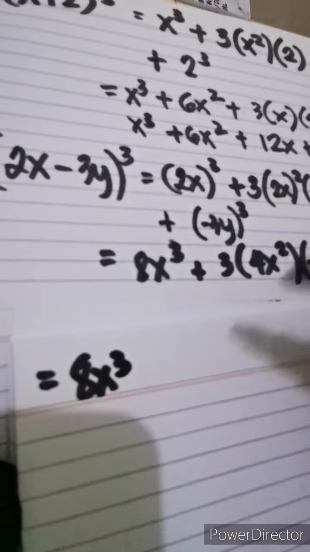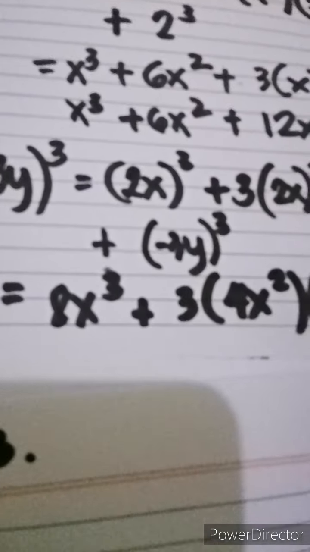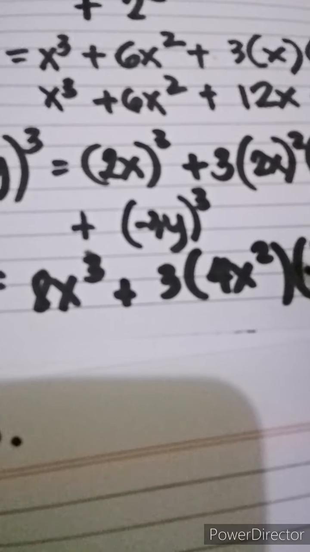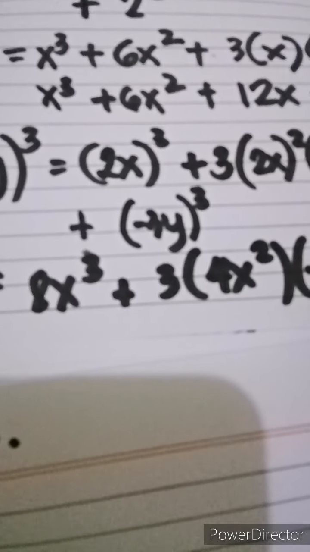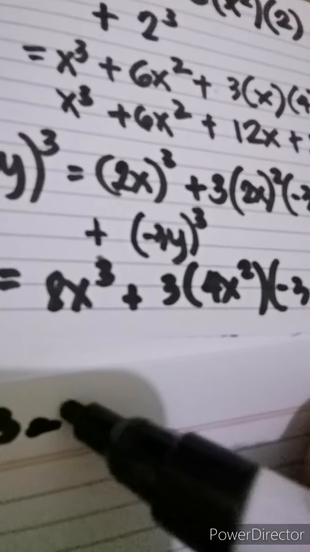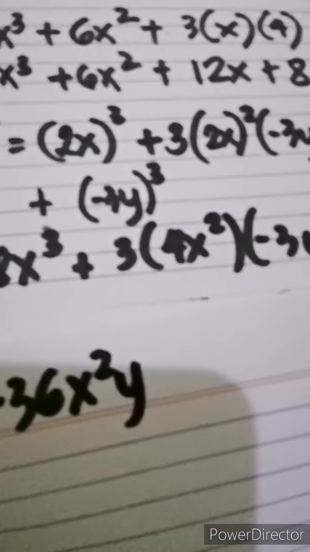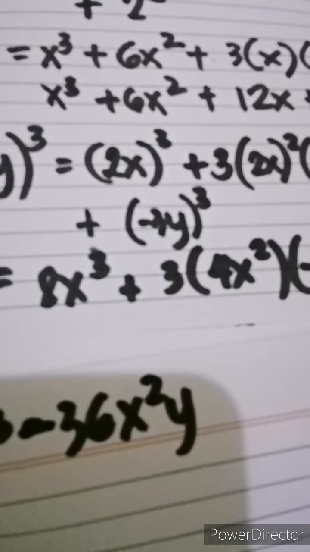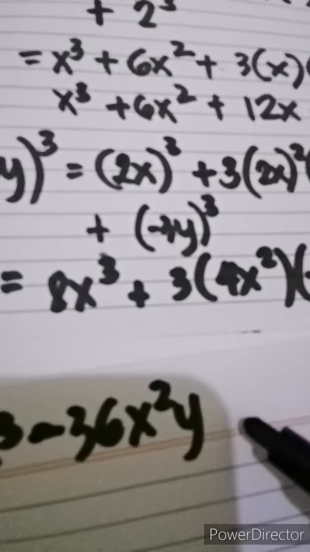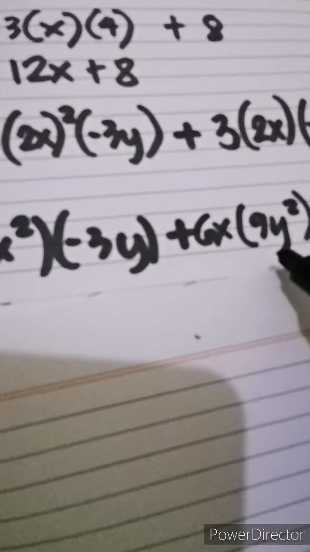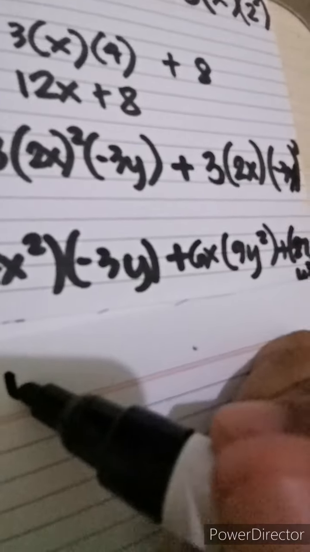Okay. So, simplifying, our answer should be 8x cube. Then, 3 times 4 is 12. 12x squared times negative 3. 12 times negative 3 is negative 36. Then, just copy the variables. 3x squared y. And then, next, 6 times 9 is 54.